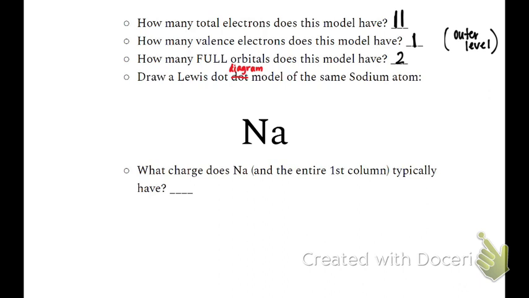Which electrons? Only the valence. I don't have 11 spots to fill here. I'm only going to do the valence ones for the dot diagram. There's just one. Where's it going to go? Just right at the top.